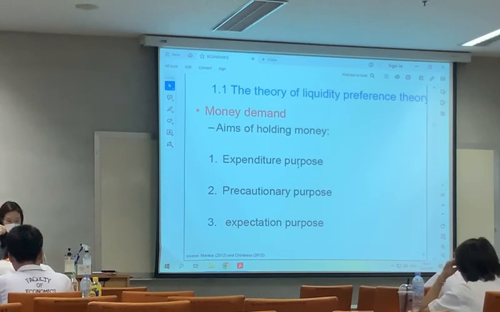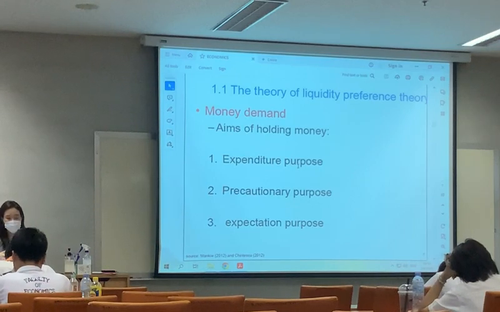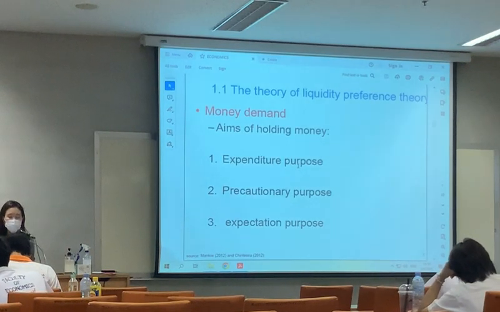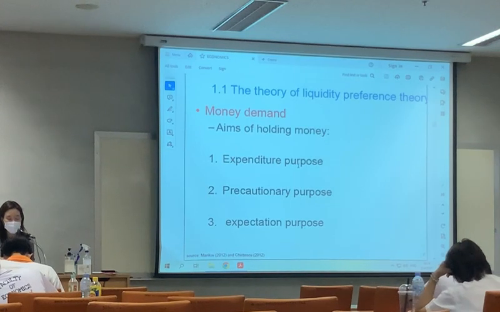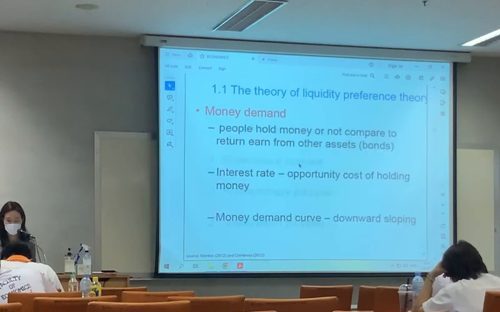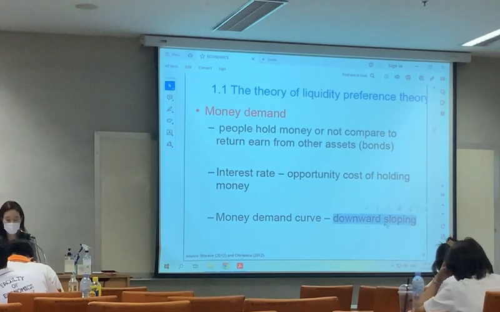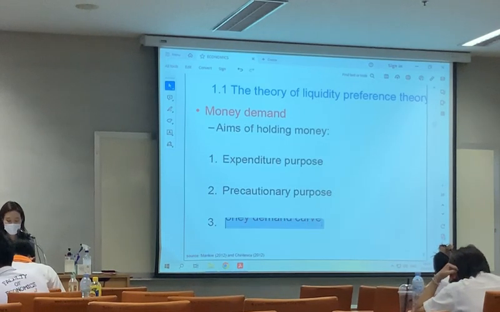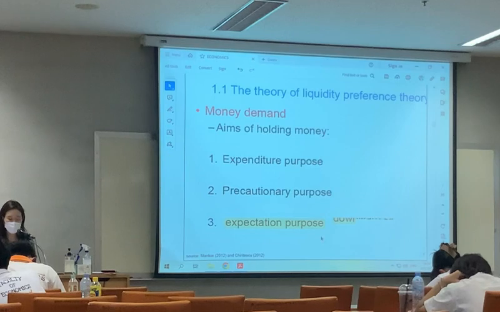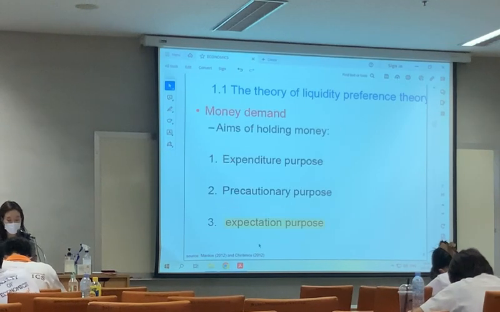For money demand, it's built from liquidity preference theory, which is about the aim of holding money, and I told you we have three purposes. This is money demand. Why does the money demand curve slope downward? Because it comes from the expectation, or speculative, purpose of holding money.